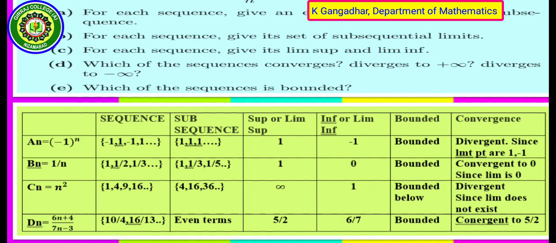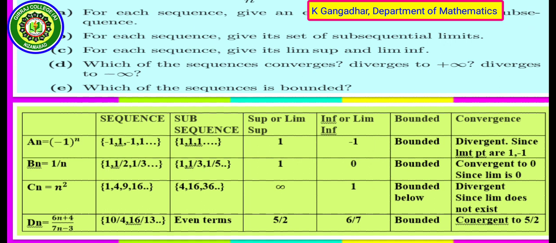In the sequence, terms start from 1, 1 by 2, 1 by 3, and so on. The sequence terms are decreasing up to 0, as n tends to infinity implies 1 by n tends to 0.